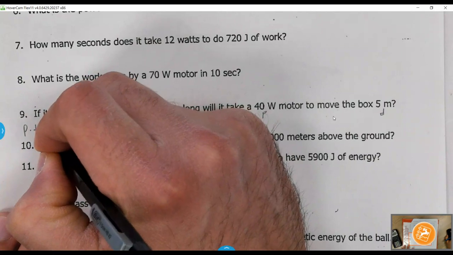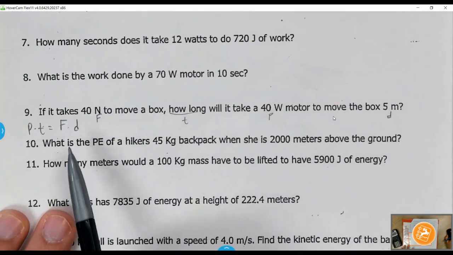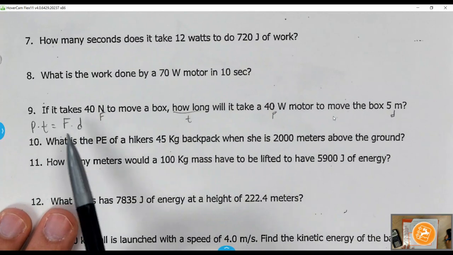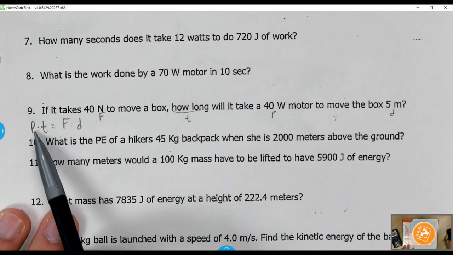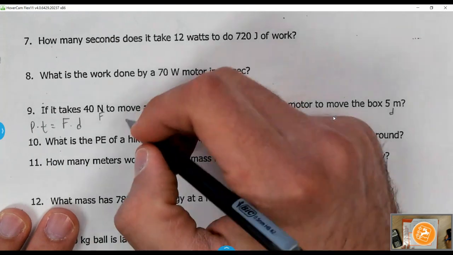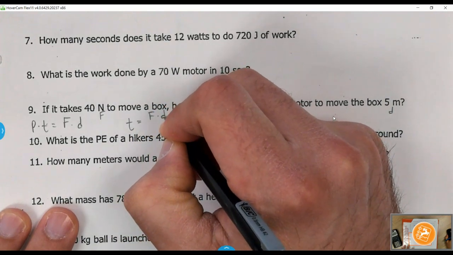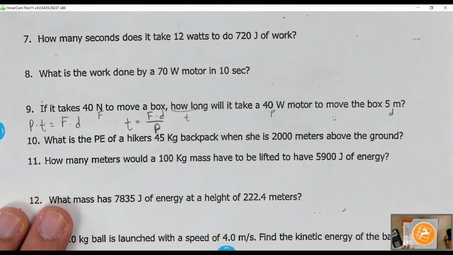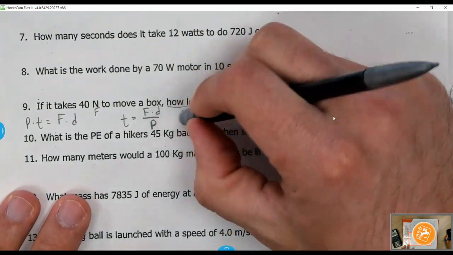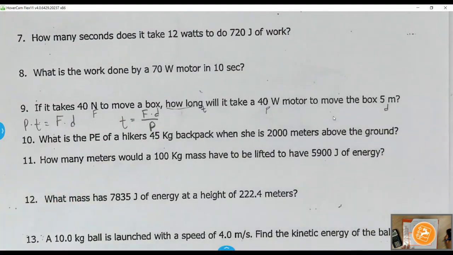You have everything except for what? T. So how do I get T by itself? I would have to divide both sides by power. So T will equal force times distance over power. That's going to be the equation that you need to solve.